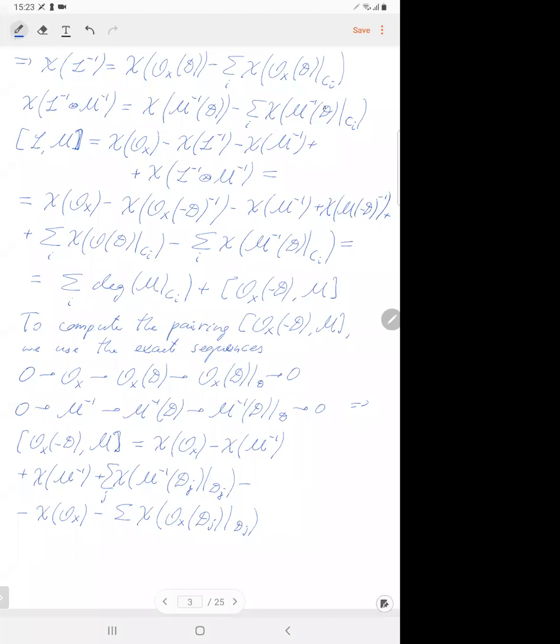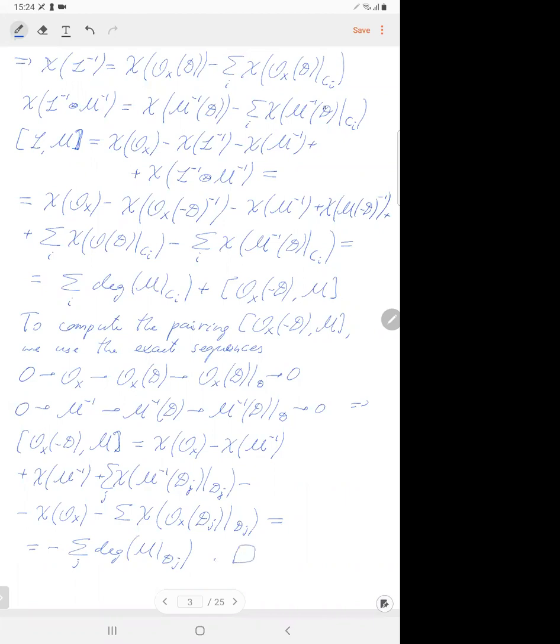And now here many things cancel out, like chi of X plus, and here minus, chi of M inverse minus, then plus, and so on. And the only thing that remains is, just as we argued before, negative sum over J, the degrees of M restricted to DJ.